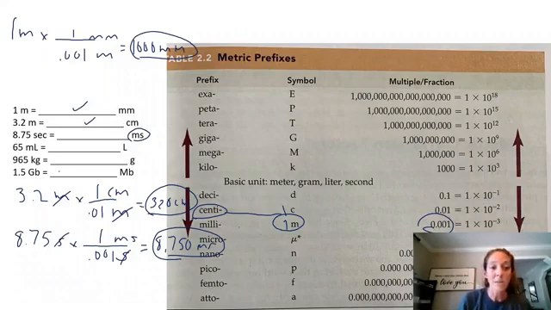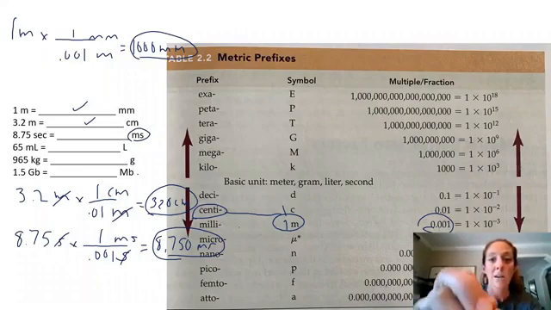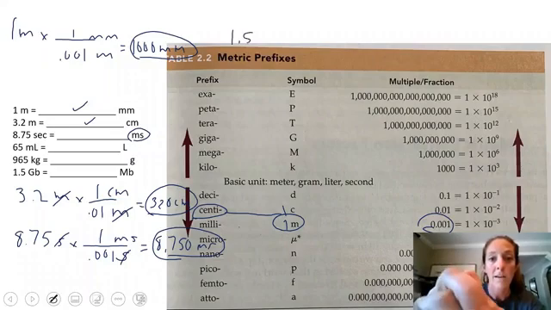This last one is a little bit tricky because I'm going from prefix to prefix. My suggestion is to go back to your base first. So if I'm going from gigabytes to megabytes, I would go from gigabytes to bytes, bytes to megabytes. So if I were to set up this last one, I would say 1.5.